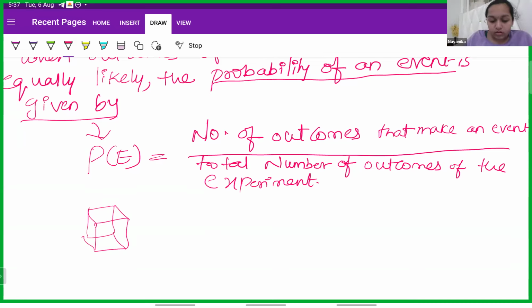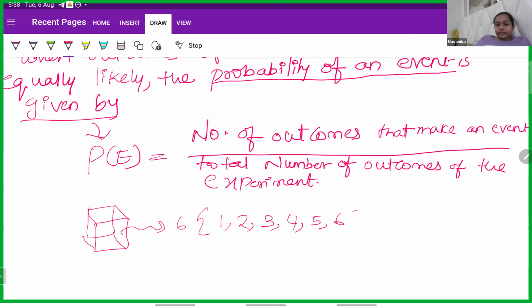What all numbers are present on the die? 1, 2, 3, 4, 5, and 6. Getting my point? It is represented in this way.